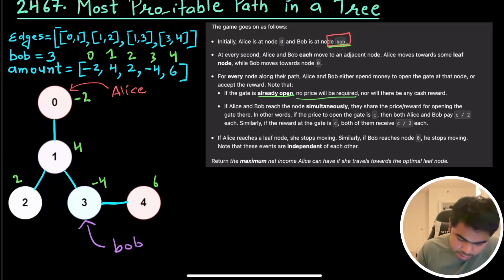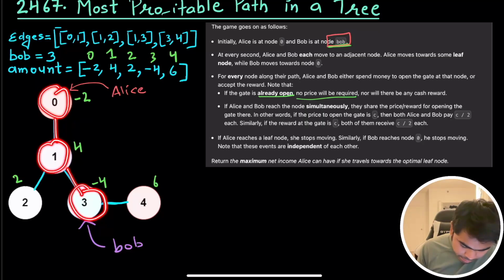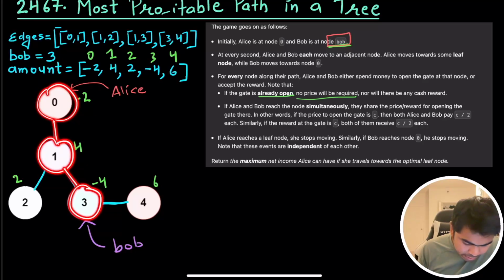So let's say Alice was moving to some leaf node like this, but Bob was already here, so Bob must have opened this gate. Alice moves to node 1 in 1 second, and then here in second 2, but Bob was present at 3 at time 0.